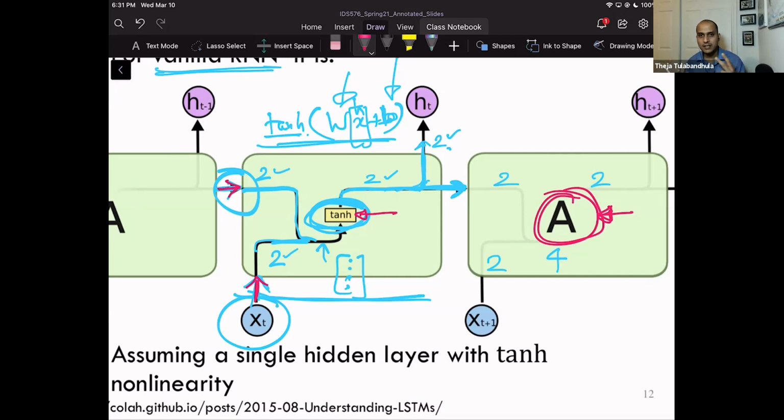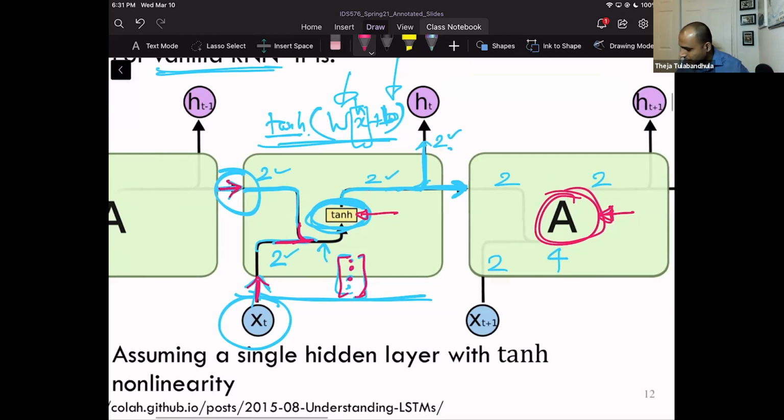That's why there's a number 2 here. Here I'm concatenating them: first 2 numbers and then next 2 numbers, I get a 4-dimensional vector. Once I concatenate them, I have 4 numbers.